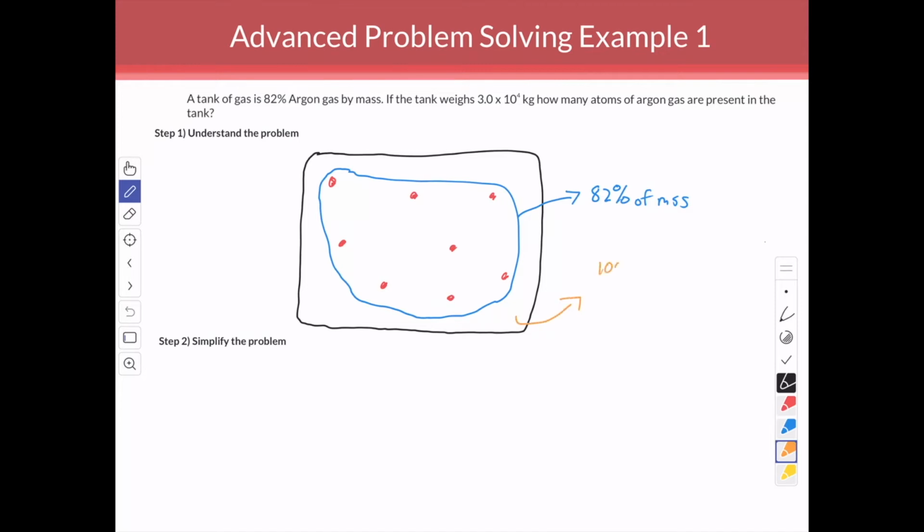is 100 minus 82, right? So that's 18% of mass. And I didn't put an A in my mass here. There we go, mass. Right?